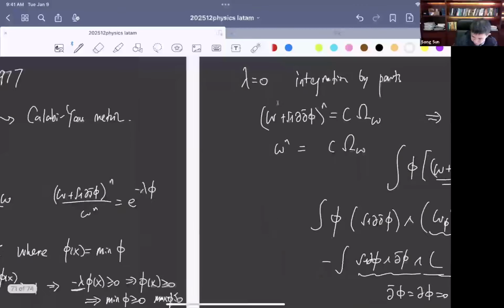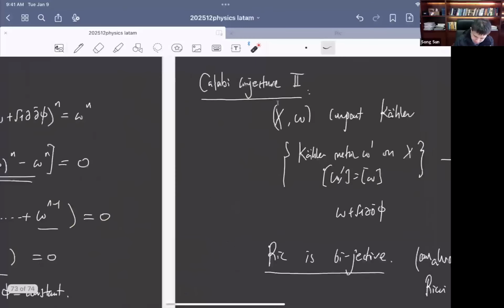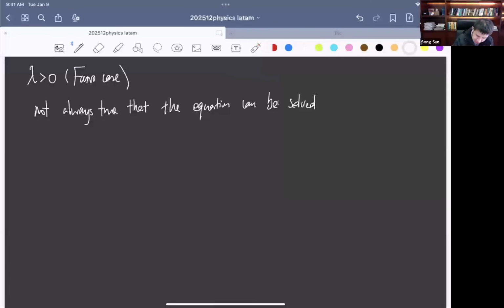Even when we look at the equation, it's just a change in the sign, right? It's not a big deal, but from the viewpoint of partial differential equations, that's really a big deal. So there are actually obstructions. There are further conditions on the complex manifold that have to be satisfied.